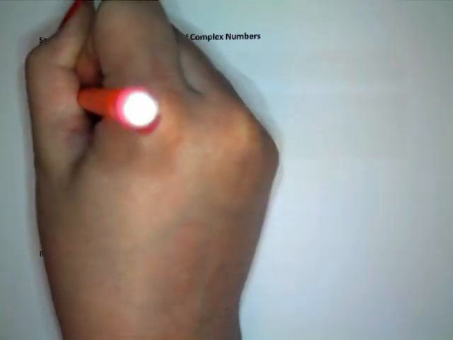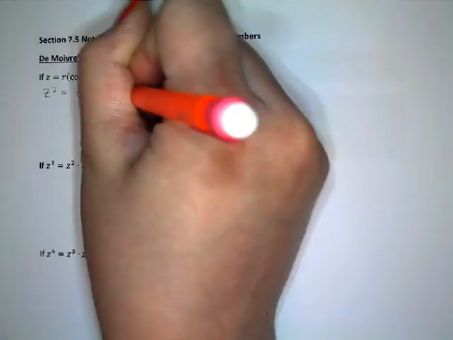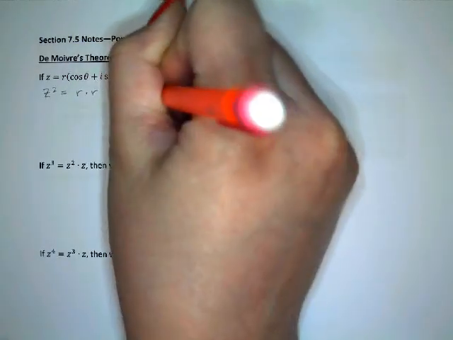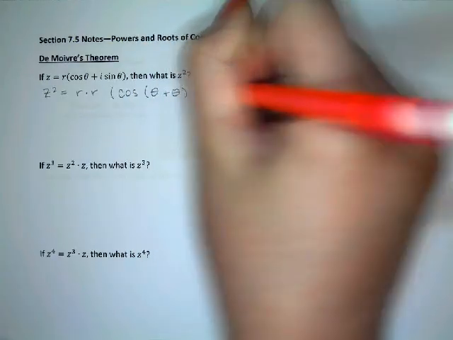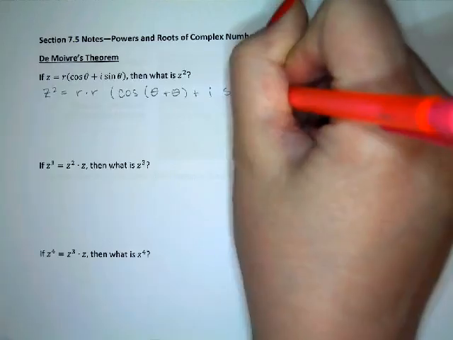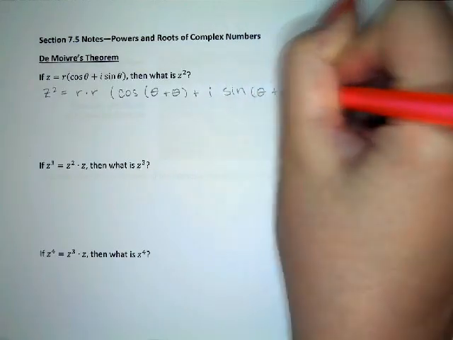Z squared is r times r, and then cos of theta plus theta, i sine of theta plus theta.